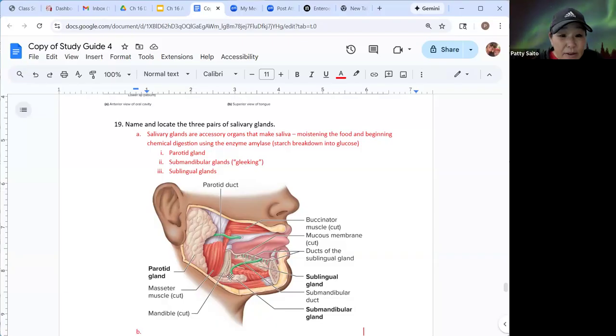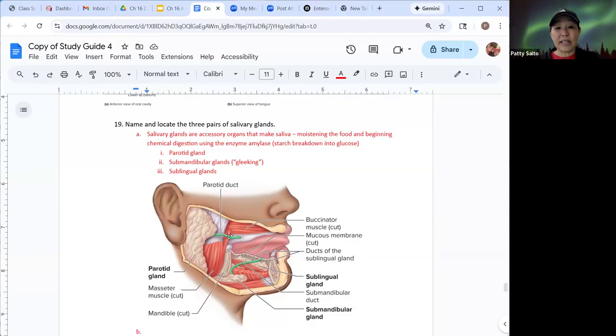There's a submandibular duct that empties under the tongue. And so this one is a single duct and it can shoot spit out from under your tongue. Some people can do it on command. I can't.